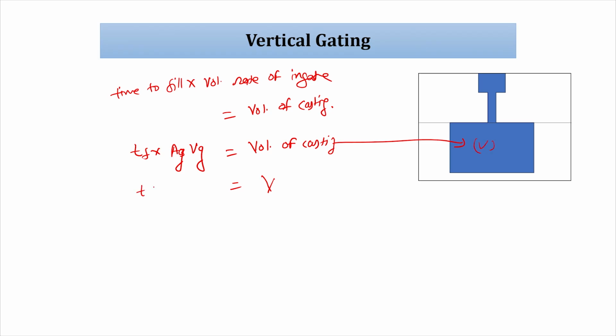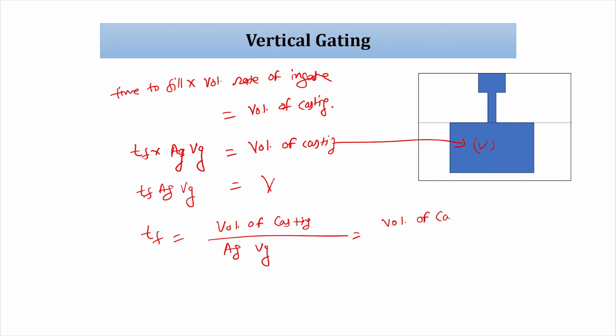Tf Ag into Vg. So, Tf equal to volume of casting divided by Ag into Vg.